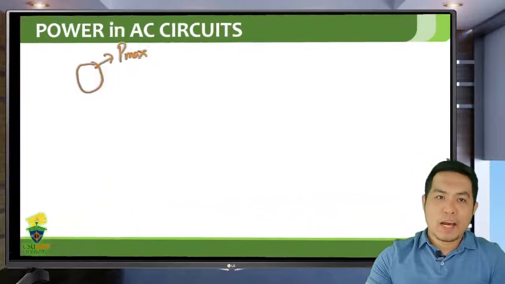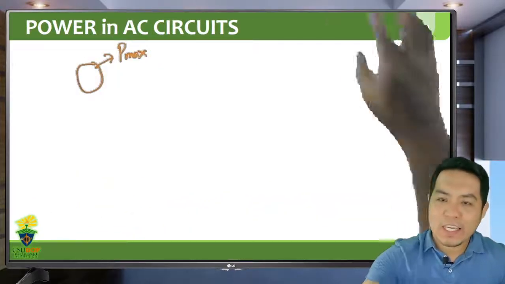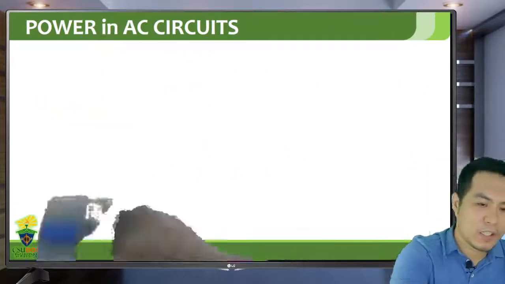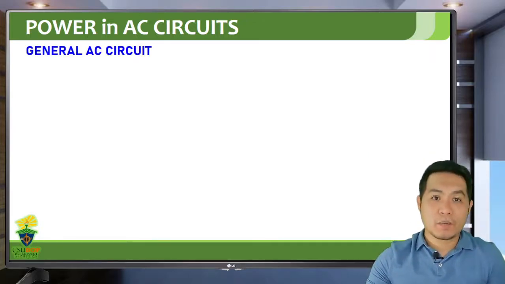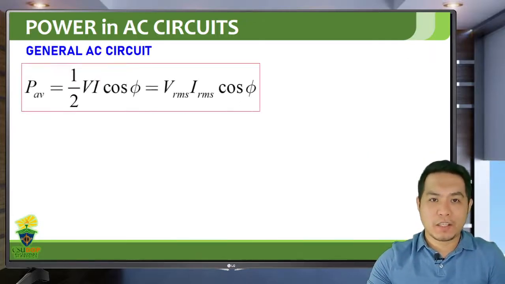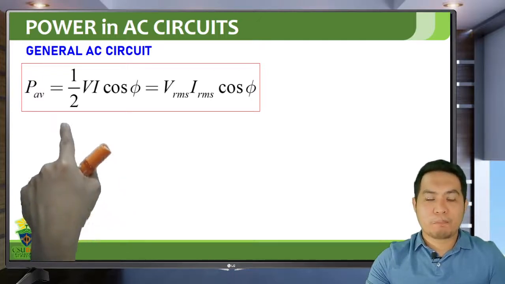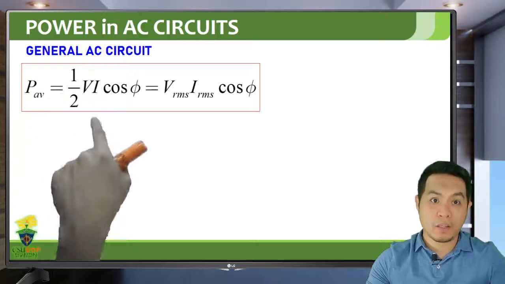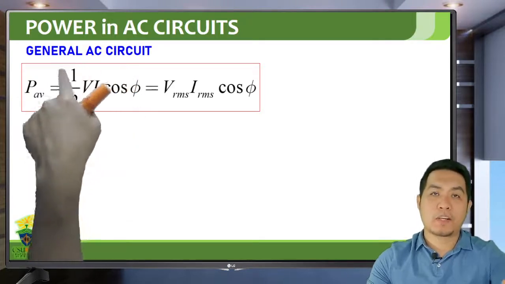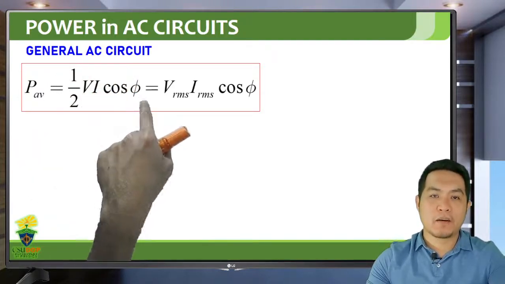Now, if the three circuit elements are present, the resistor, capacitor, and inductor, we call that a general alternating current circuit. Then the average power is just 1/2 VI, which is the average power for a resistor, times cosine phi.